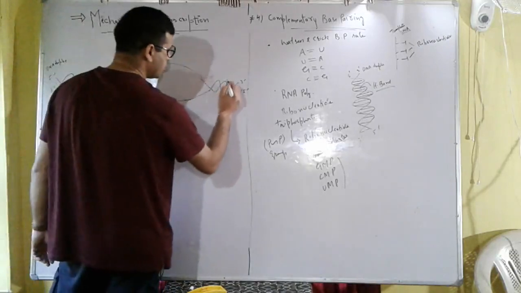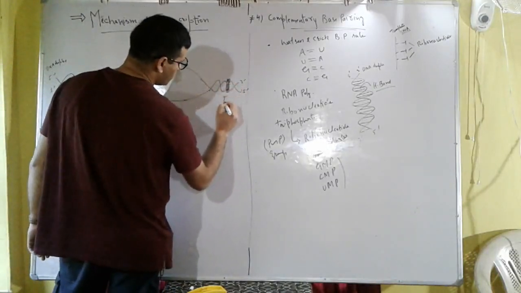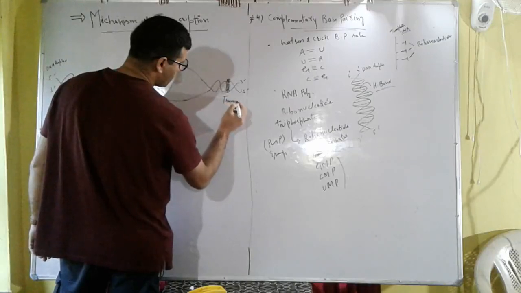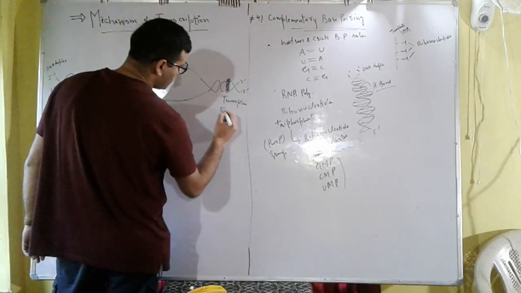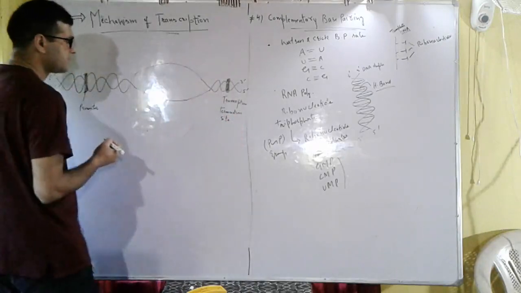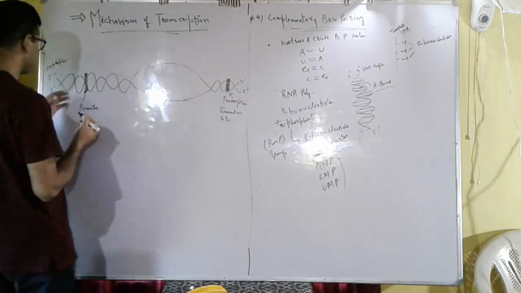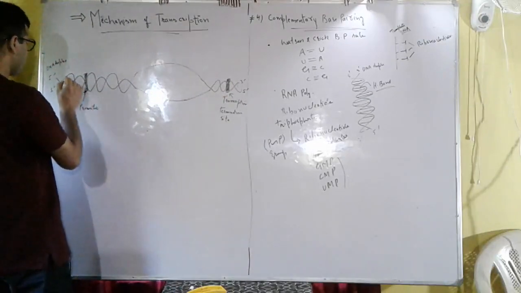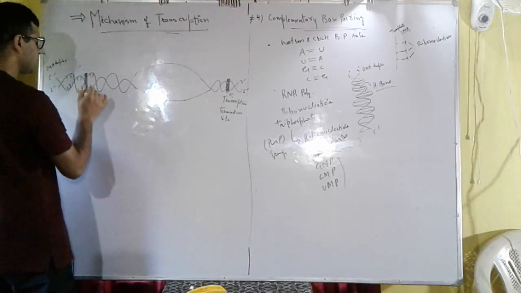Suppose this is the terminator, the transcription termination site. The two strands of DNA have re-annealed.